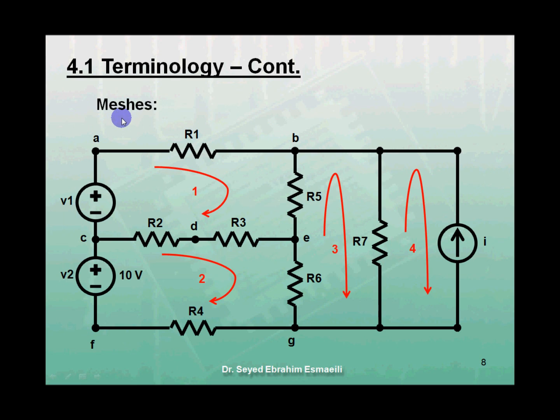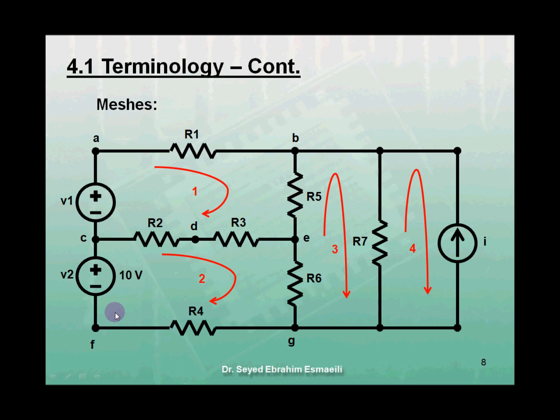A mesh is a loop that does not enclose any other loops. In this figure, we have 4 meshes. The first mesh consists of V1, R1, R5, R3, and R2.